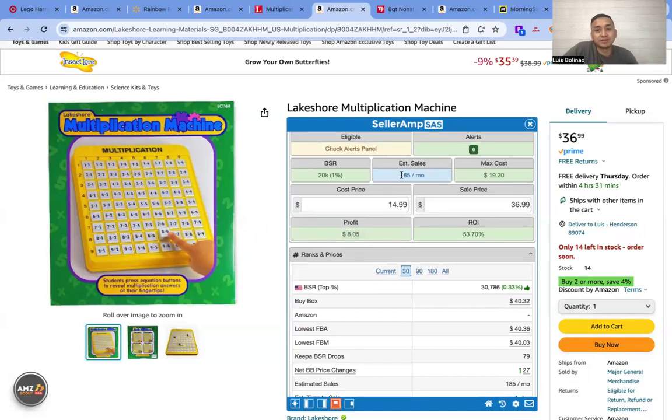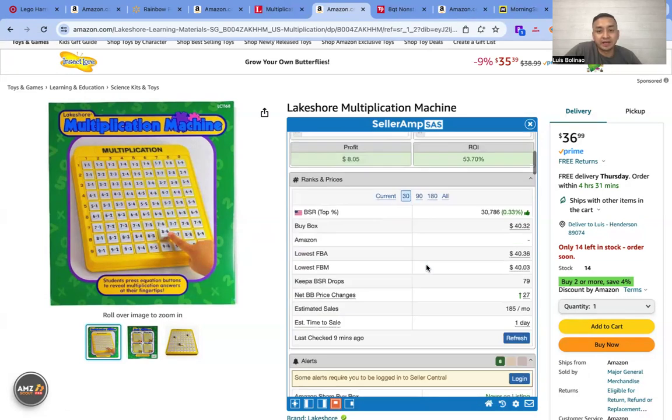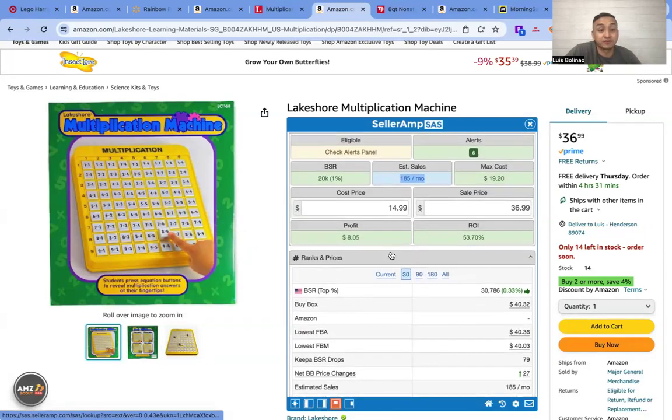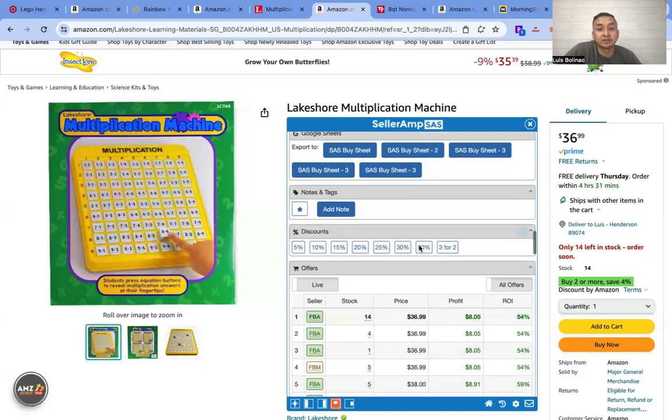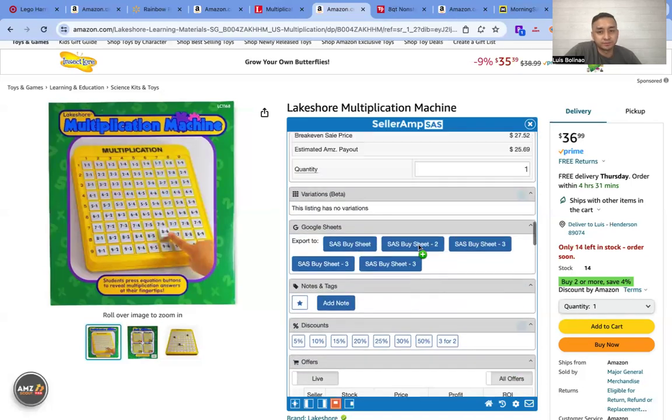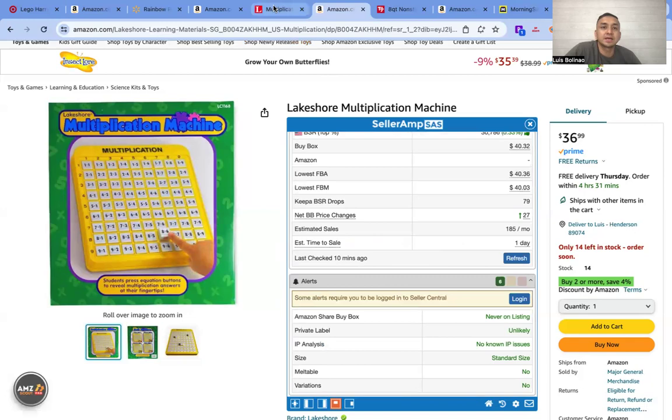So estimated sales is 185 sales a month. Every product that you look at is going to give you an estimated sales a month right there. And then from there, you got to compare your sales per month or sales volume, like I said, against the number of sellers. So, yeah.